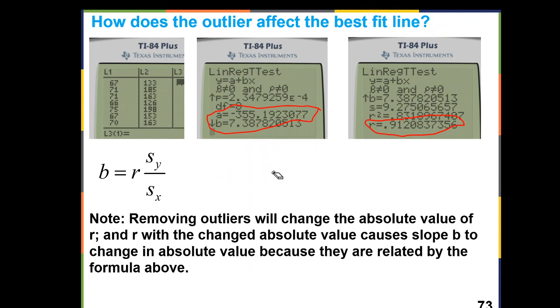The new line is going to have a different slope. So let's say the line was like this, and you remove the outliers, now it becomes like that. That's a major difference, and it is caused by the outlier.